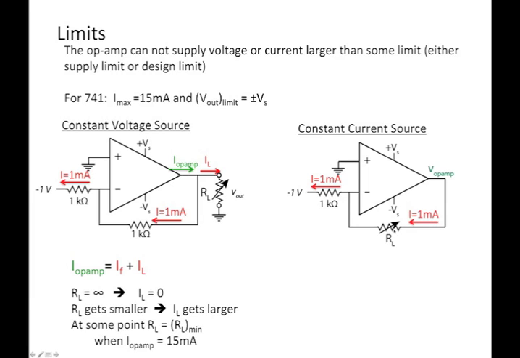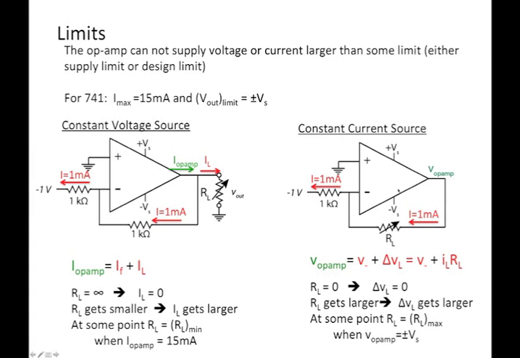So we get this current, but as we change the load resistor, our change in potential across the feedback resistor is going to get bigger and bigger. And so you can imagine, right, if I'm going to have 1 milliamp and I make the load resistor something like 10,000, I get 10 volts. Well, that's fine, but what if it's higher than the 15 volts I'm putting on my op-amp? Then I won't be able to supply that voltage.